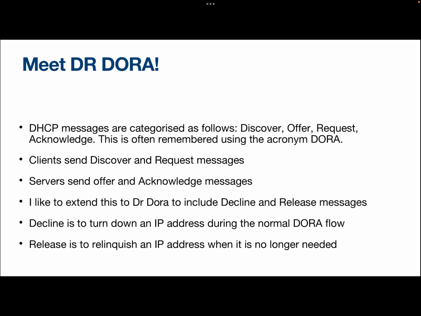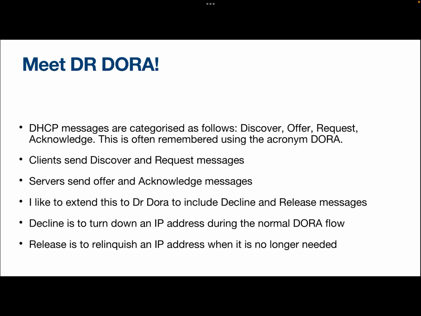So firstly, let's look at clients and servers. What do the clients send? What do the servers send? So the clients send discover and request messages. So if I'm PCA and I want to communicate on a LAN and I need an IP address, well, I will send a discover message to the DHCP server. The server will receive it and offer me an IP address.